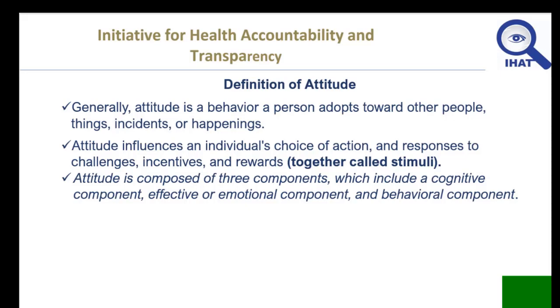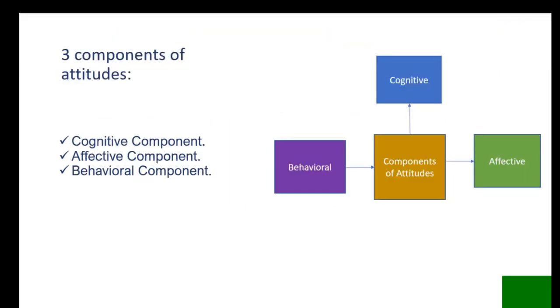These are all together called stimuli. Attitude is composed of three components, which include a cognitive component, an affective or emotional component, and a behavioral component. Let us look at them one by one.